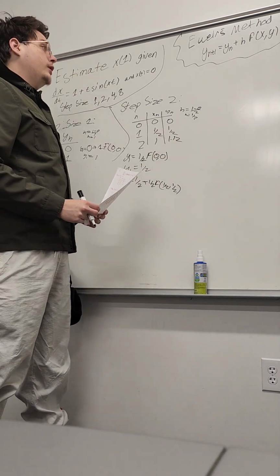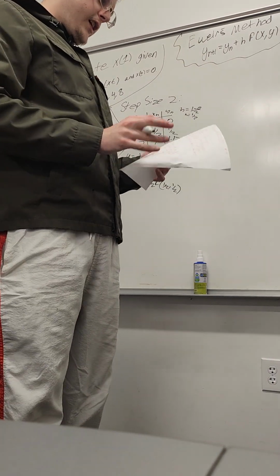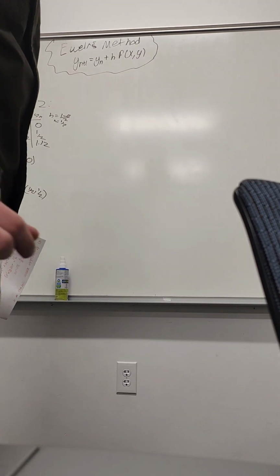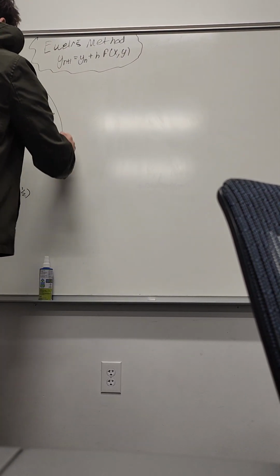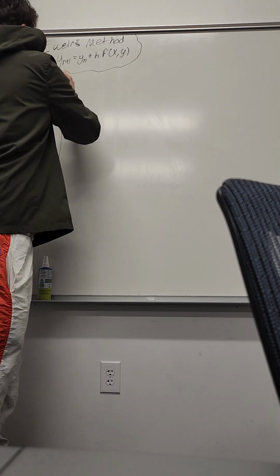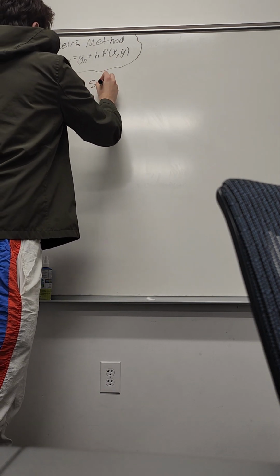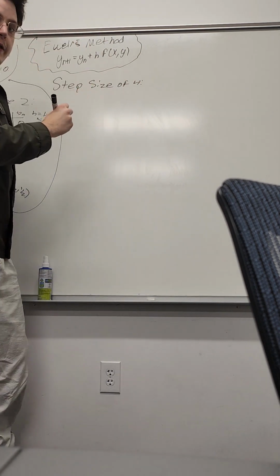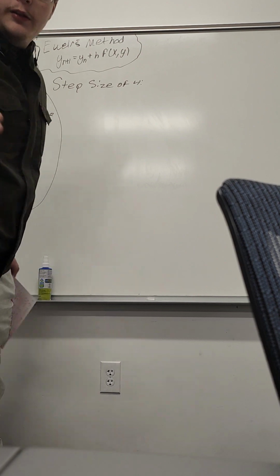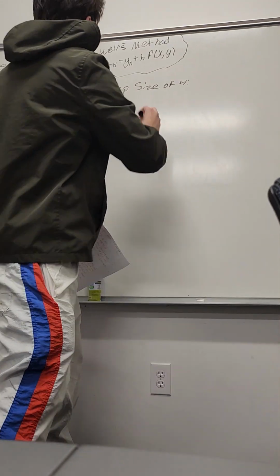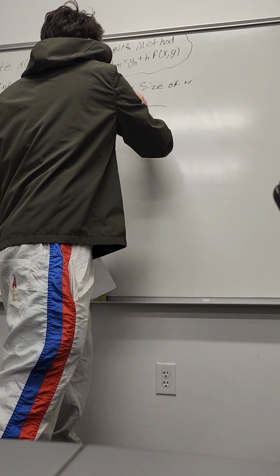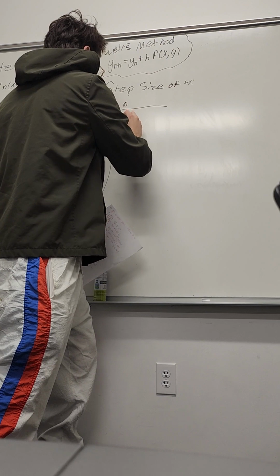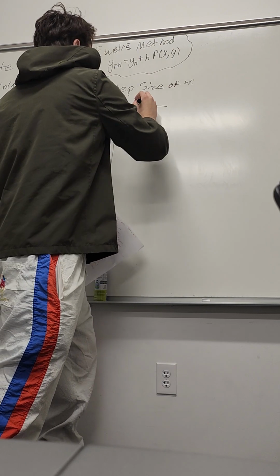Okay, now let's do it at a step size of 4. For a step size of 4, we'll be doing 4 steps, so that's just going to be 0, 1, 2, 3, and 4.